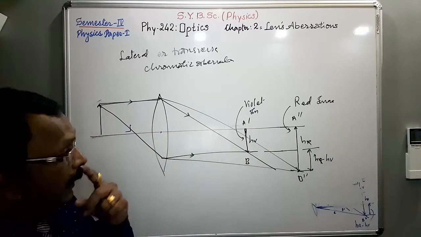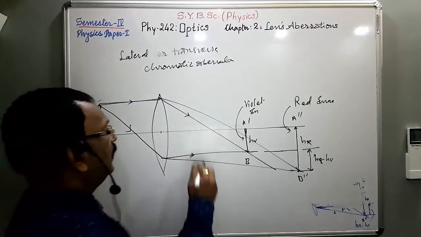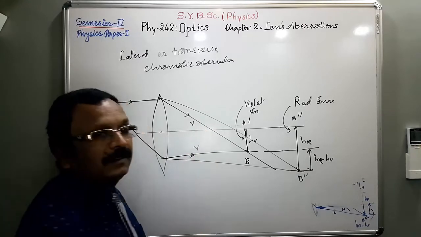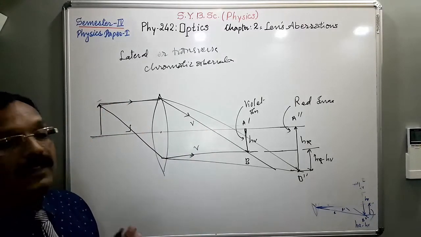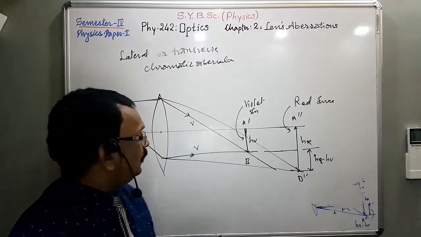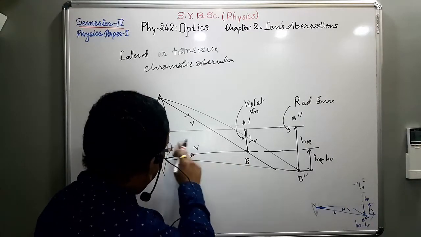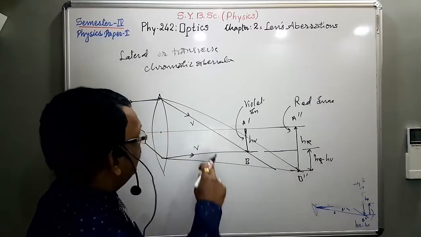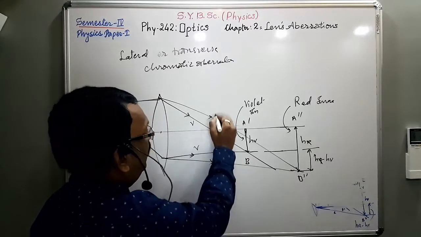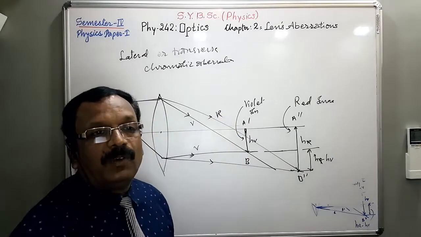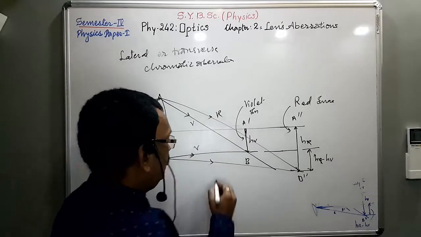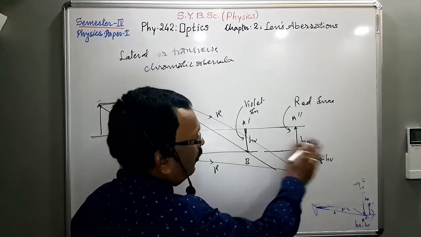See here, as we know that violet rays have larger deviation, so they form the image near the lens, whereas red rays have larger focal length because their wavelength is larger. So red rays form the image away from the lens.